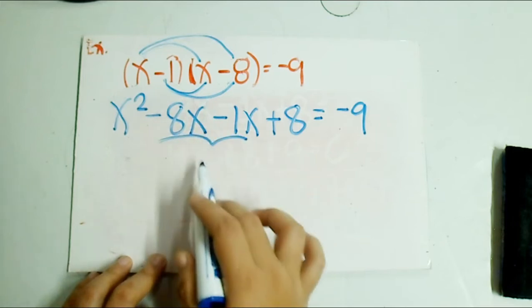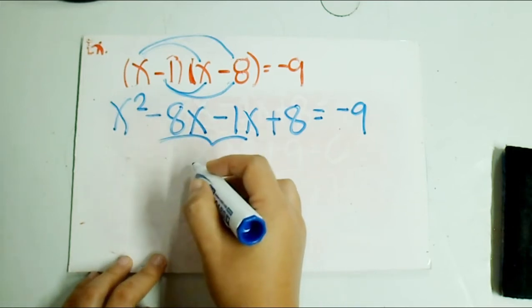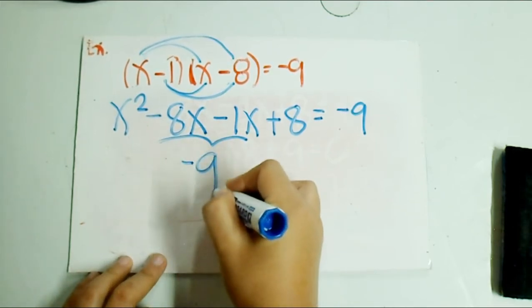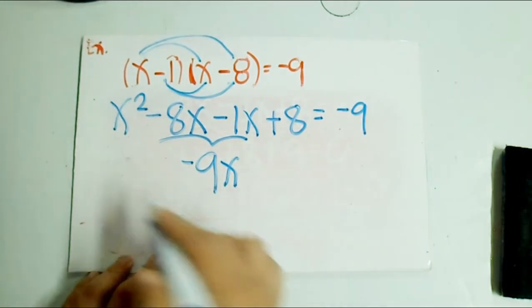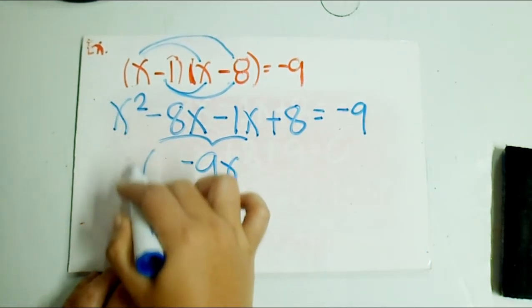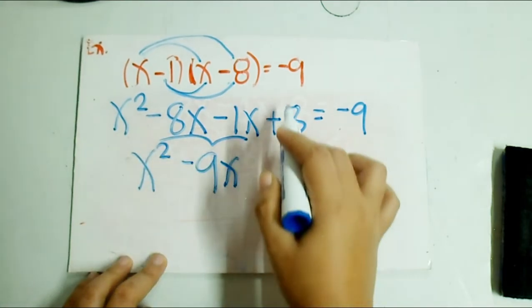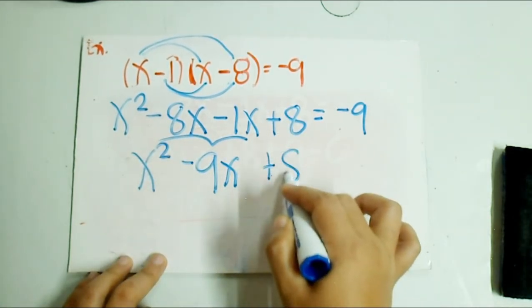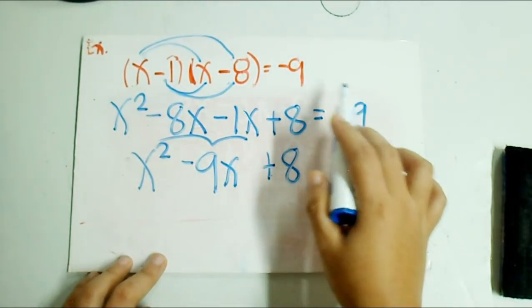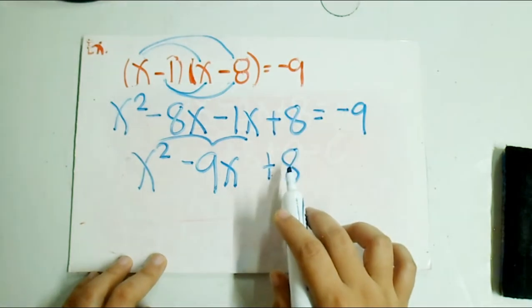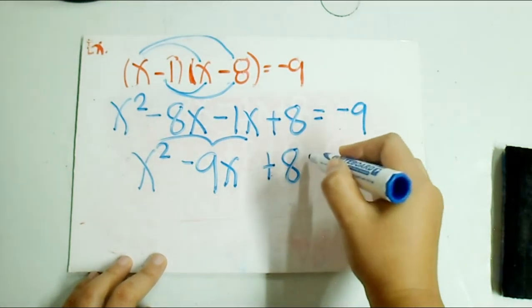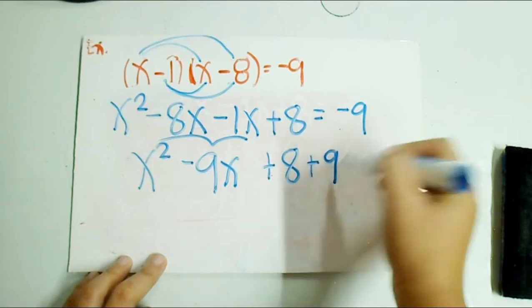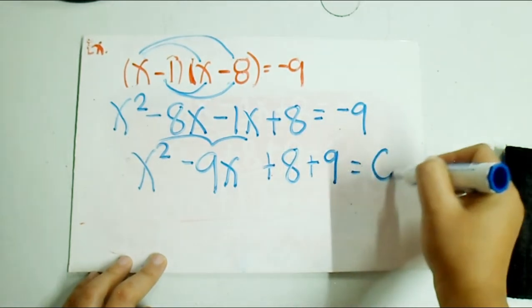Negative 8x and negative 1x. We can combine these terms. That gives us negative 9x. Then we could just simply copy x squared and positive 8. Now we will transfer negative 9 to this side, and that becomes positive 9 equals 0.